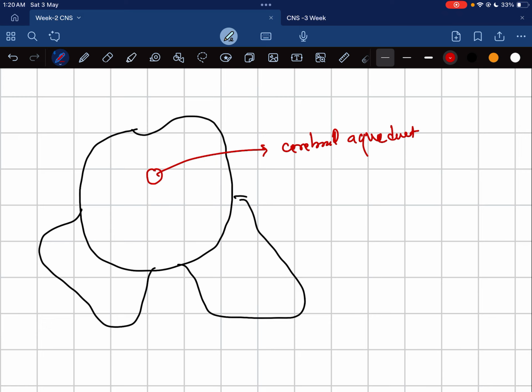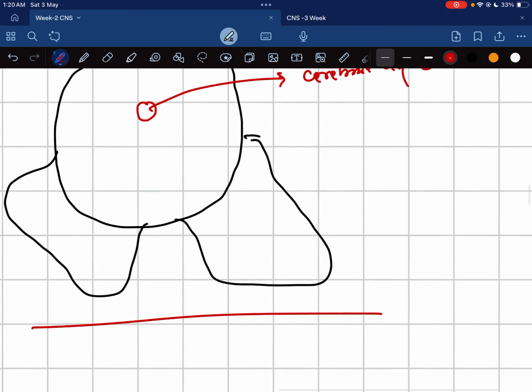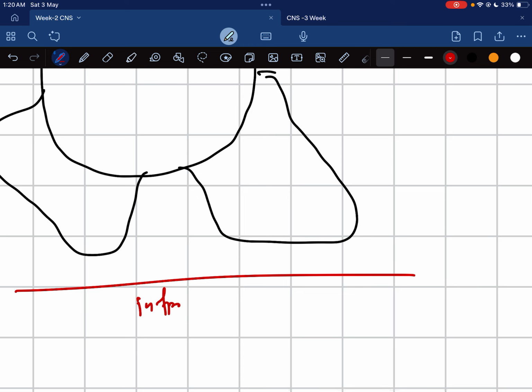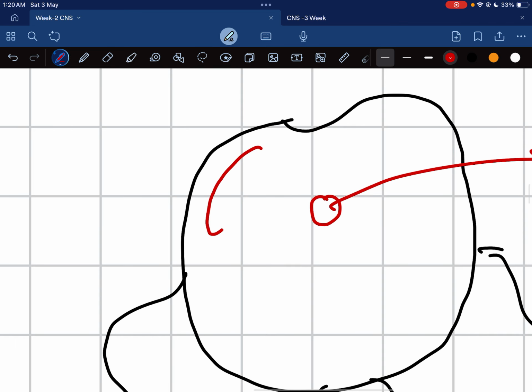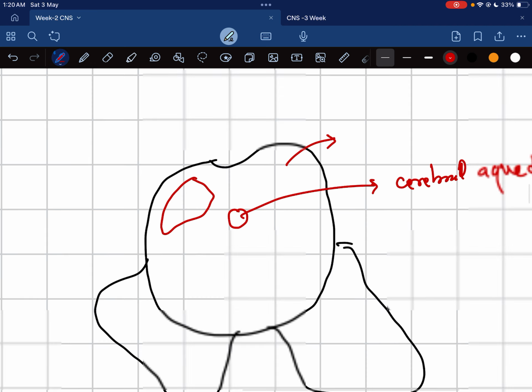Posteriorly, if we cut the section at the inferior colliculus, so TS of inferior colliculus, there are two nuclei of the inferior colliculus.